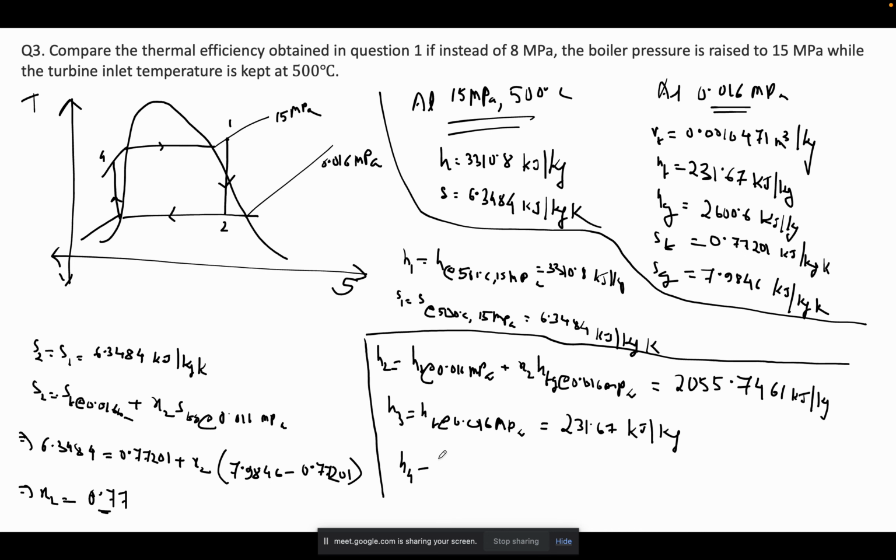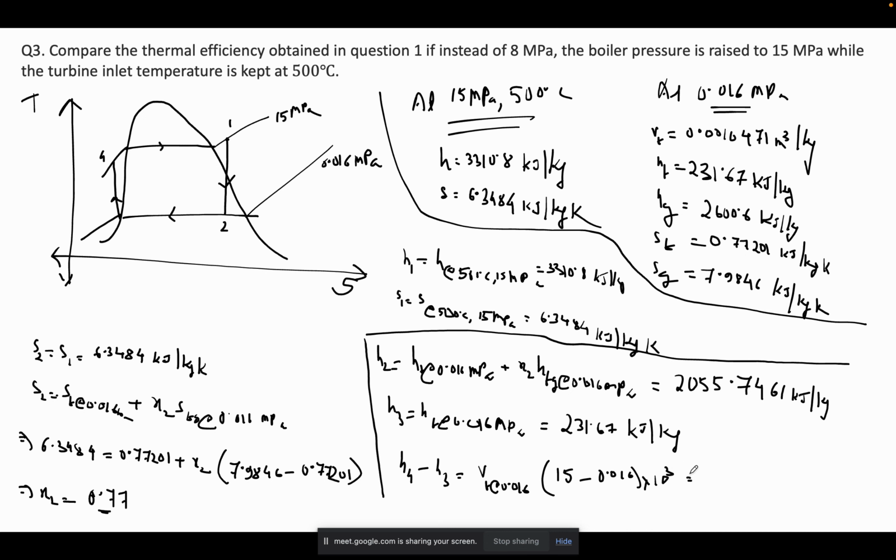Okay, and then H4 minus H3 is equal to VF at 0.016 times (15 minus 0.016) into 1000.